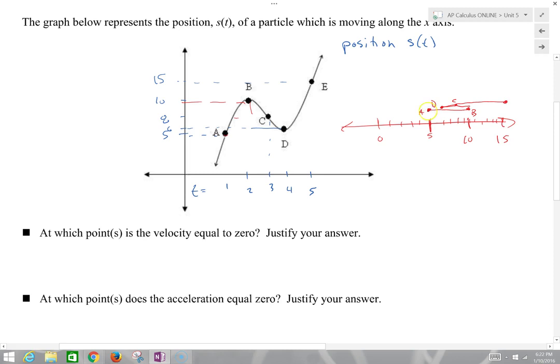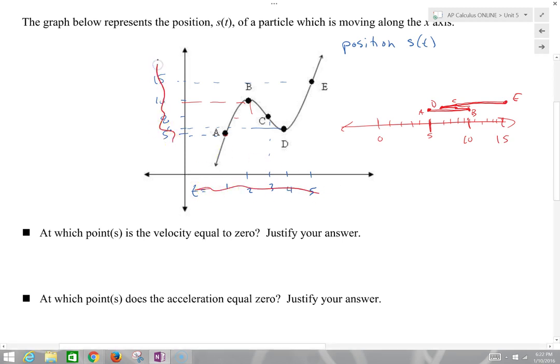But from A to B, C, D, and then back out here to E, that was what the particle is doing. And that's what the position function is telling you, just where it is along that number line in its journey.